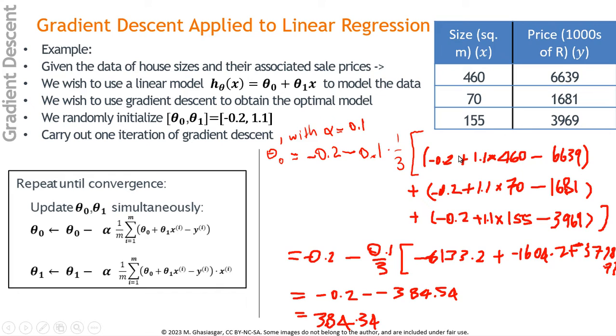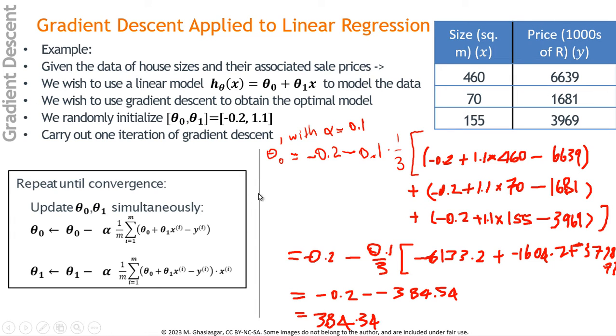Just looking at the first one, to update theta 0, my initial theta 0 is minus 0.2, that's correct. And then I have minus alpha. If you look here, we're using alpha equals 0.1, so minus alpha, and then times 1 over m. As I mentioned, m is the number of data points, which is 3. And then we plug in the 3 terms coming from the 3 data rows.